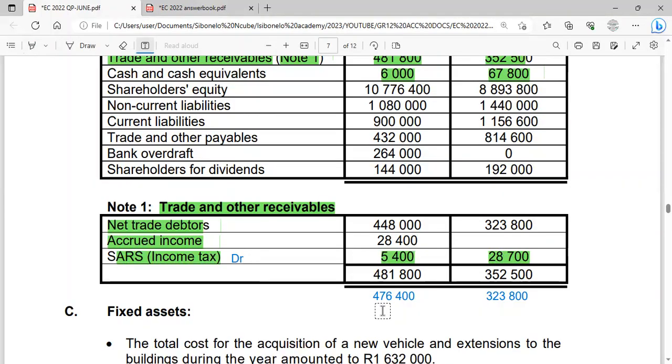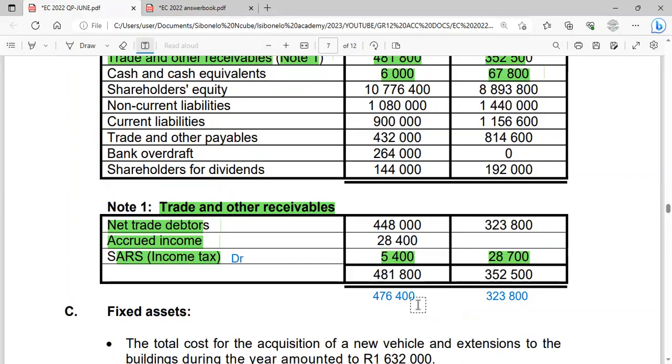So now we've got 476,400 and 323,800. Is this going to be an inflow or outflow of cash? Last year we had a 323,800 outstanding balance. This is the amount that our debtors owed us last year, and then the balance has increased. So it means they didn't pay us.